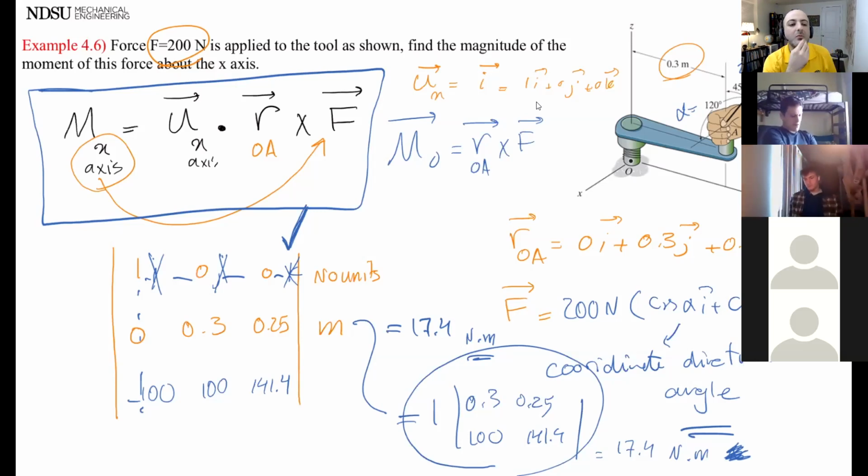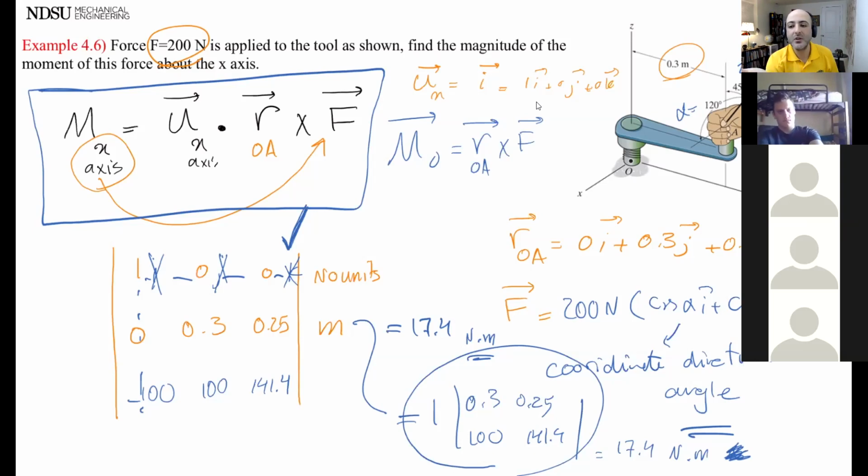How is that going to help me with anything? Somebody in class said because of torque. That's exactly what it is. Like this problem, this person is applying some force that's going kind of in space, right? But you want to know how much of that force is actually used to turn that bolt at point A, or how much this force is causing, as someone said, a torque, which in this case would be correct because it's on a shaft, it's on a bolt about point O. So that's the reason we do that.